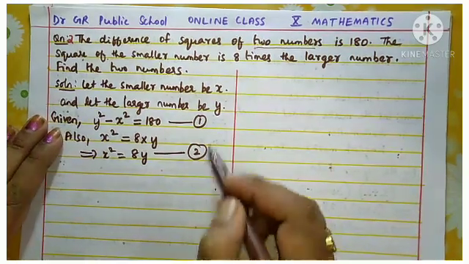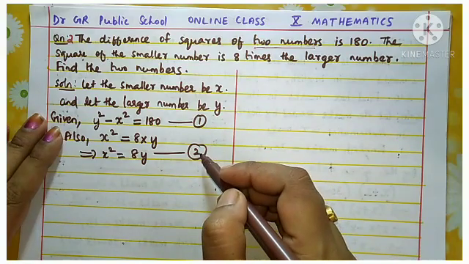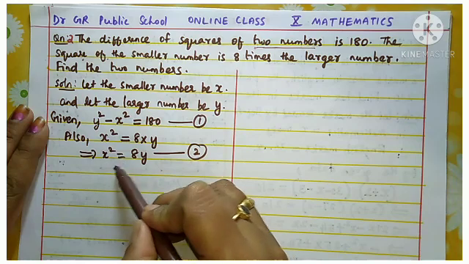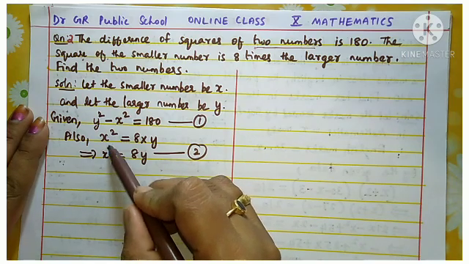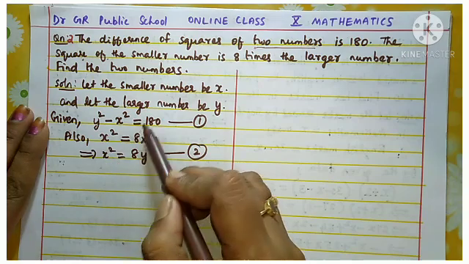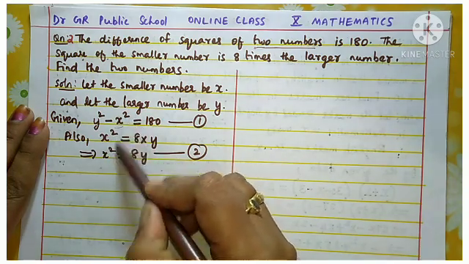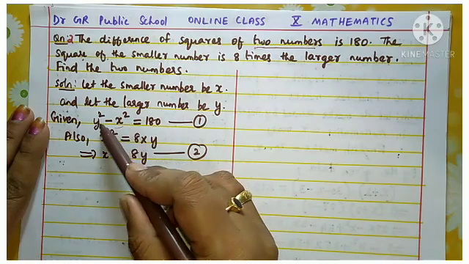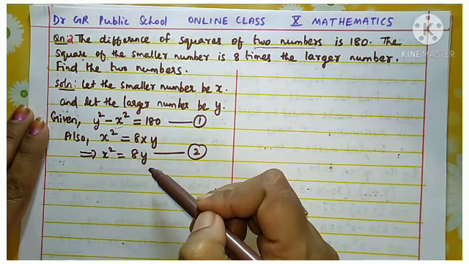Now using these two, we want to develop the required quadratic equation. Now you see, from the second equation we have the value of x square. If you substitute this value of x square in the first equation, we can get an equation completely in the variable y.